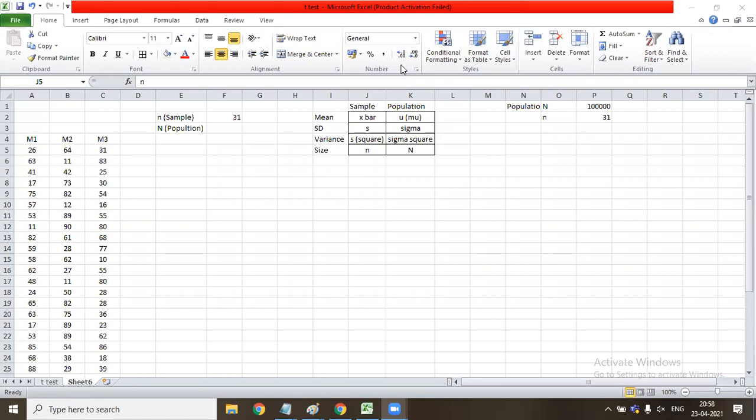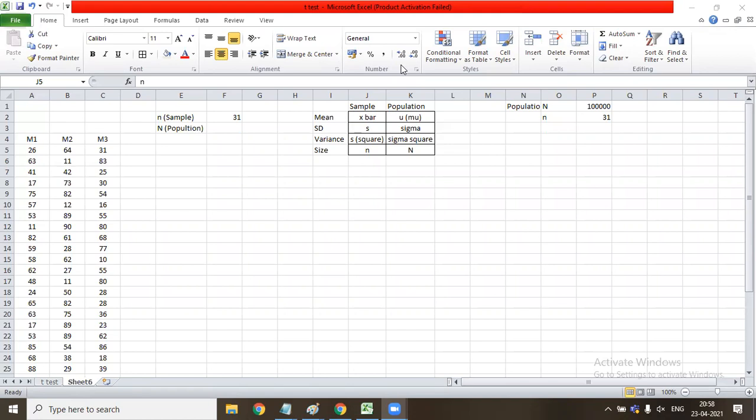It will take the variation of M1. Let's say it came to 5. Now it will take M2 and calculate the variation within M2; let's say it came to 6.